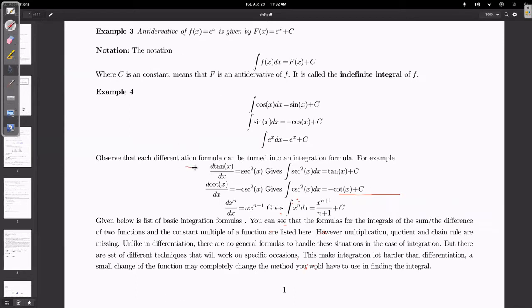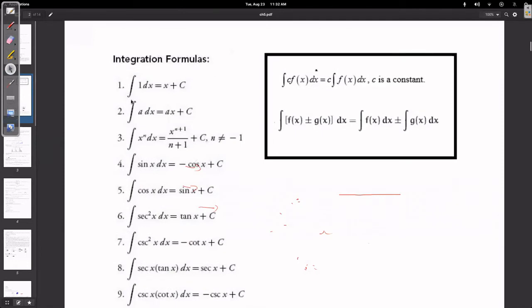Okay, so all the basic derivatives you can reverse and get a list of basic antiderivatives. This is how we get these formulas. It's enough that you know that we get these formulas by reversing the derivative formulas.